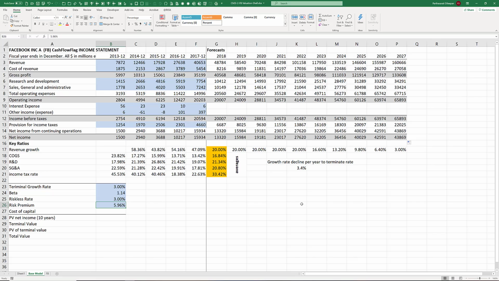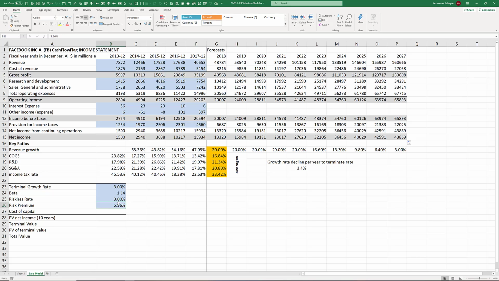So that's 5.96. So with this, the cost of capital is computed by, okay, you take the riskless rate and the risk premium that's out there in the market. So this is the risk premium in the market. Now, Facebook's risk premium is determined by multiplying that risk premium with beta. Larger the beta, higher is the premium that you have to pay.